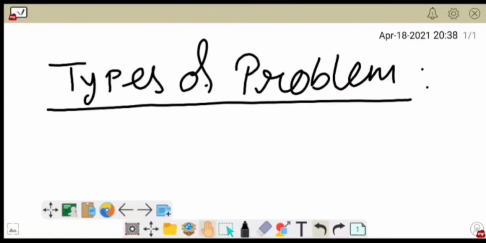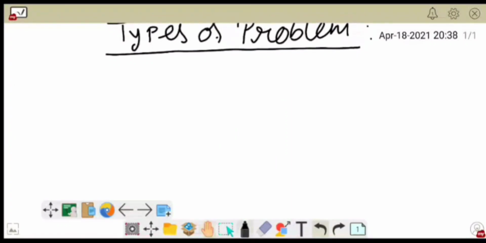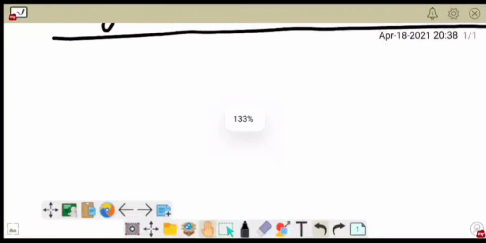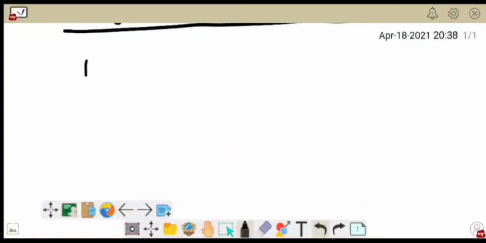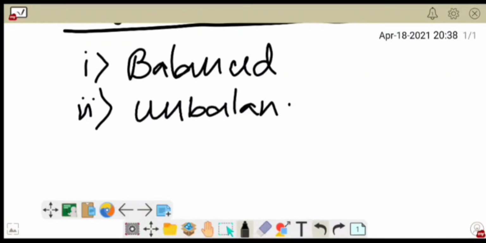The types of assignment we explained in the previous video: number one was balanced, number two unbalanced. I'm not describing them in detail because we have already discussed this before.